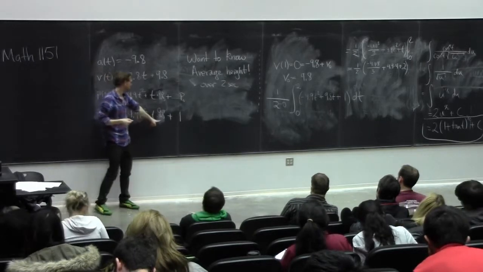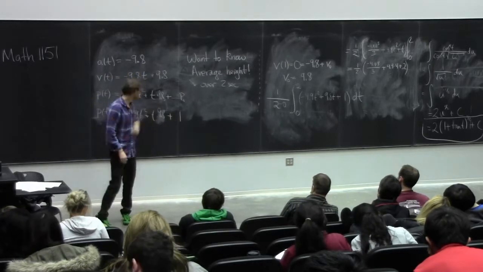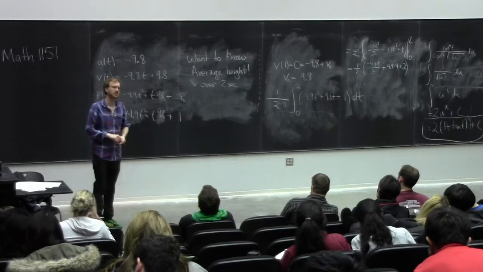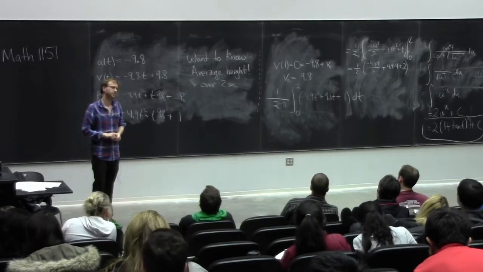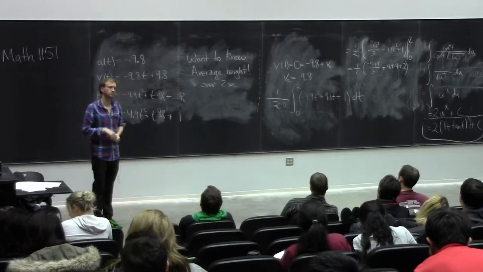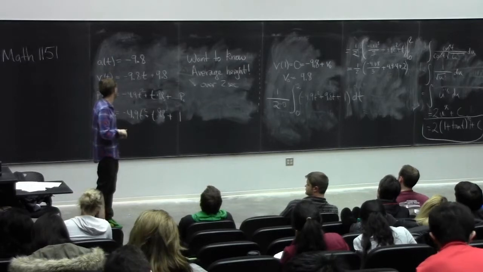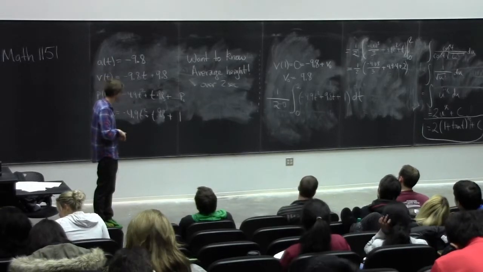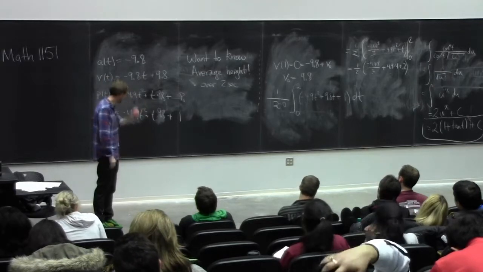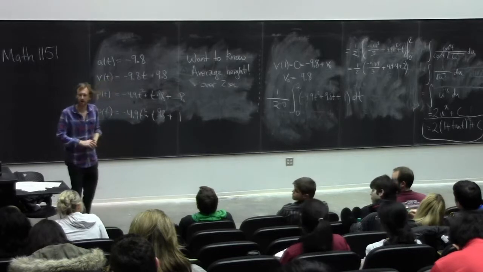It's 9.8. There should be a point there. There is. 9.8 plus 1 is 10.8. 10.8 minus 4.9 is? Is it 5? 5.1, is that right? Yeah.